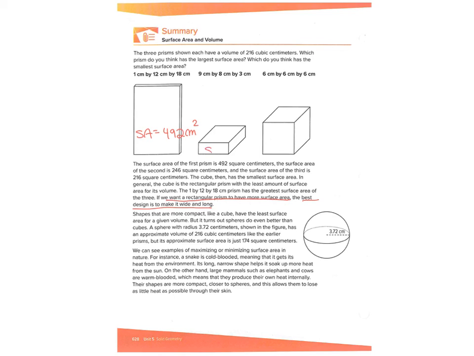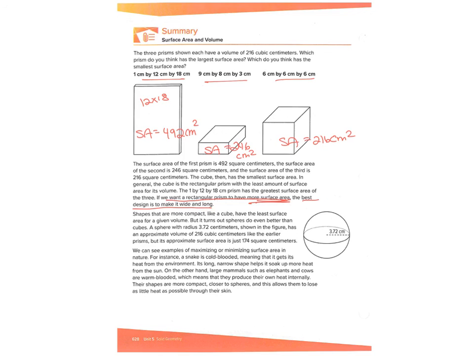This rectangular prism has a surface area of 246 centimeters squared, and this cube has a surface area of 216 centimeters squared using the dimensions given above. Come to office hours if you want to talk about my calculations. So you can see, obviously, the greatest surface area was the one that had the really wide, long side. The 12 by 18 side turned out to be the rectangular prism that had the greatest surface area.